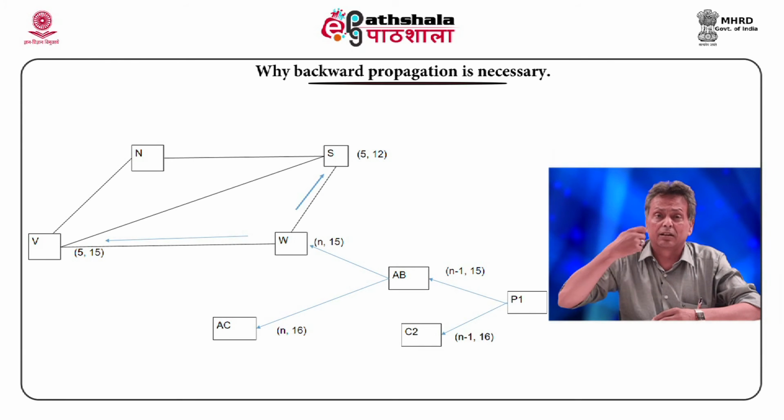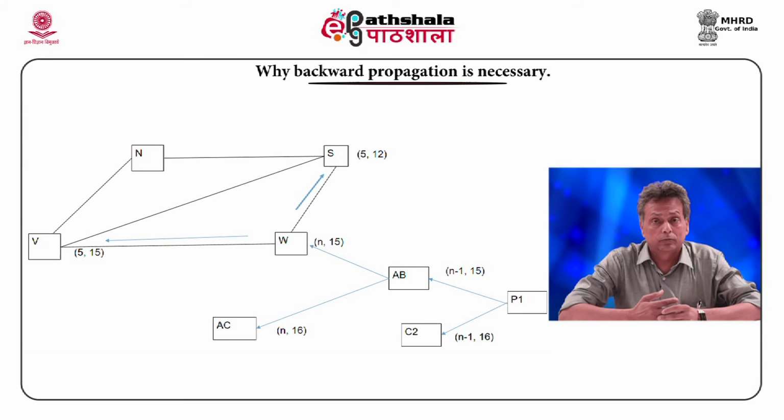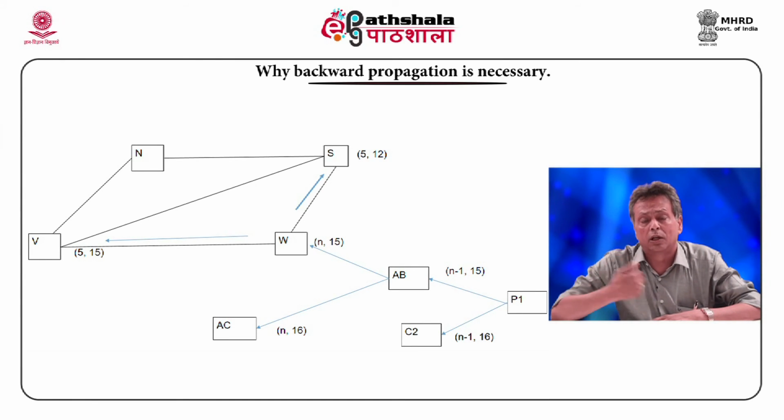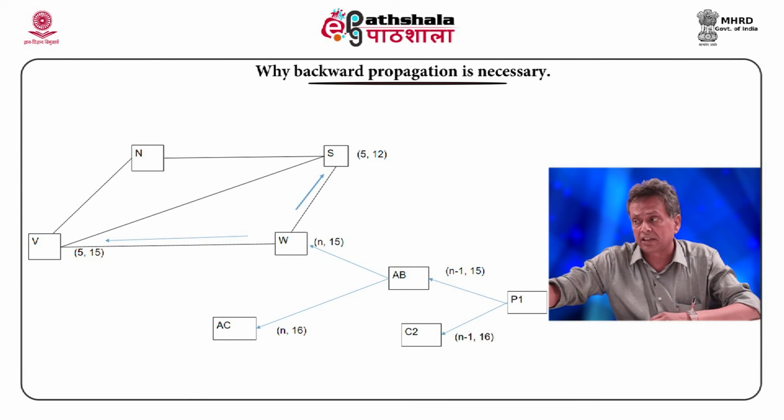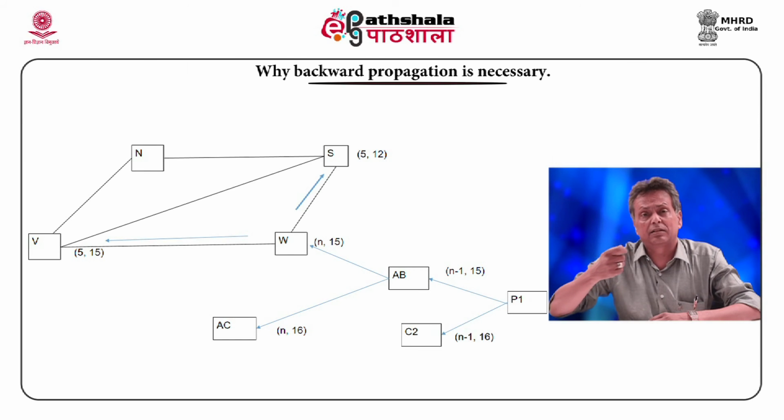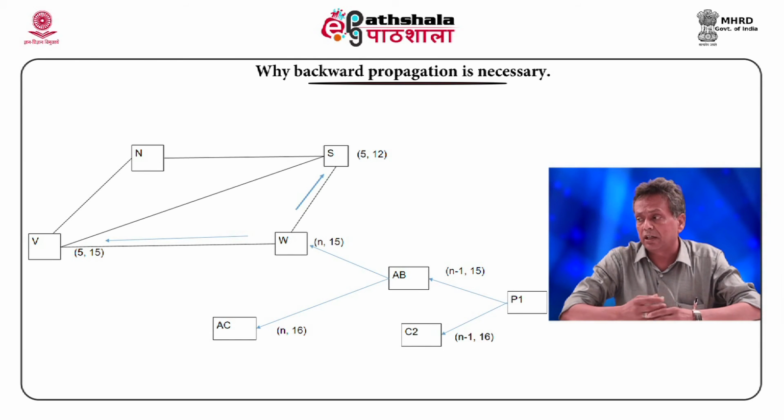Even if there is improvement, you may not propagate it back, but if there is no improvement, you should do it. But even in the case of improvement, like in this case where the estimate from W changes to 13, if it does not propagate back, what will happen if there is some change in the graph later which says that AC is N14?